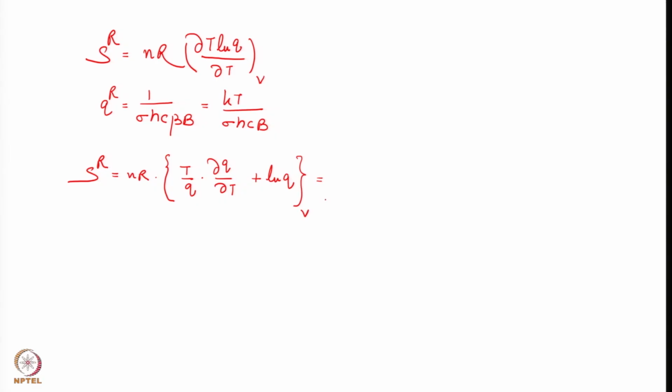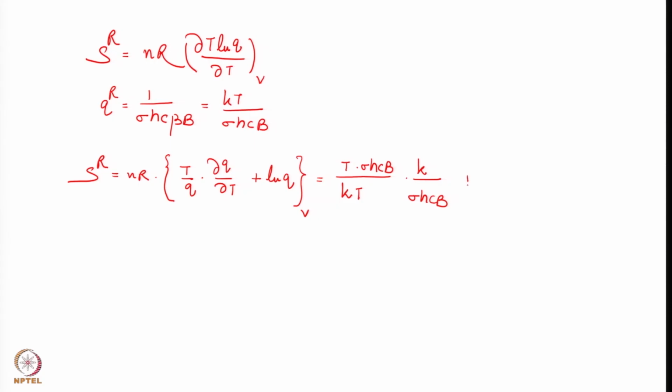T by Q. Q is kT over sigma hcB, into del Q by del T. When I take the derivative of the partition function with respect to T, this is going to be k over sigma hcB. That's it.